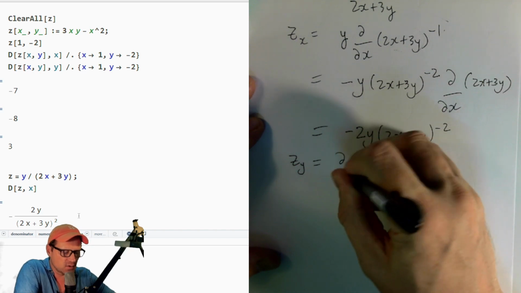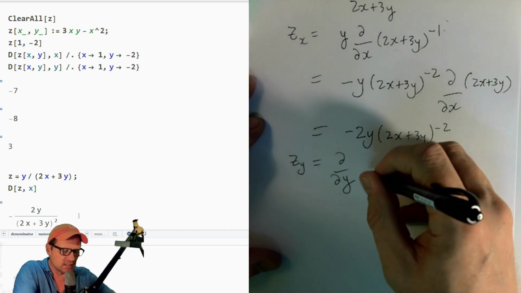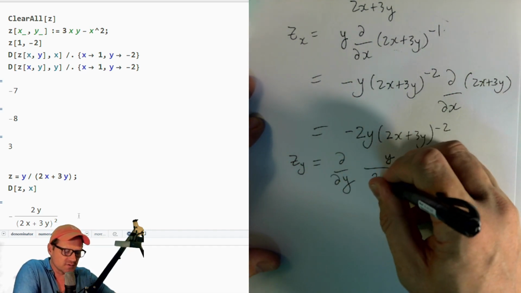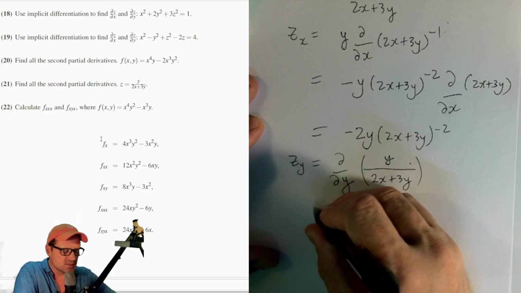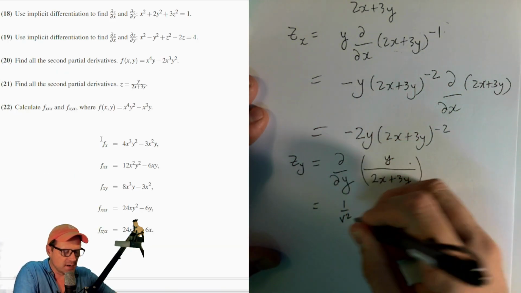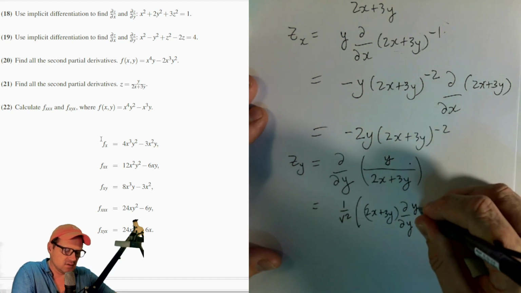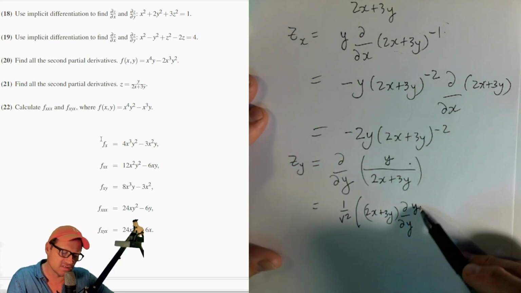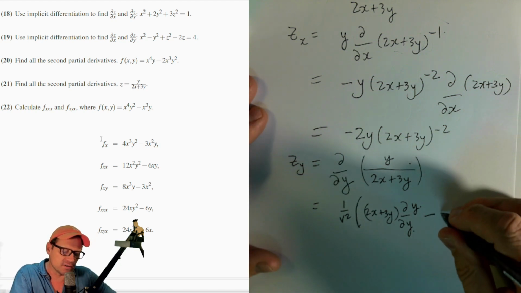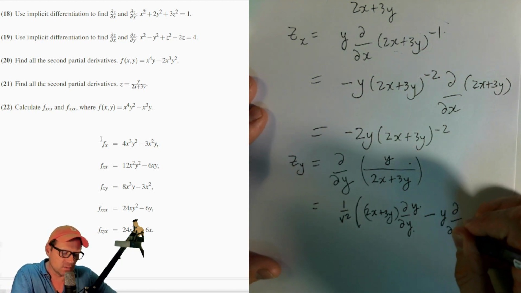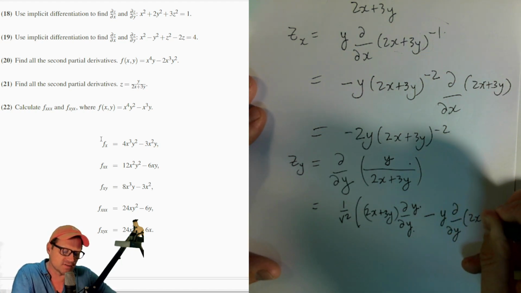This one looks like it's going to be a bit more tricky because suddenly we need to use the quotient rule. The numerator is our u, the denominator is the v. So we have 1 on v squared, v, du on dy, but this is dy on dy because u is y, and then minus the other way around, minus y d on dy of 2x plus 3y.